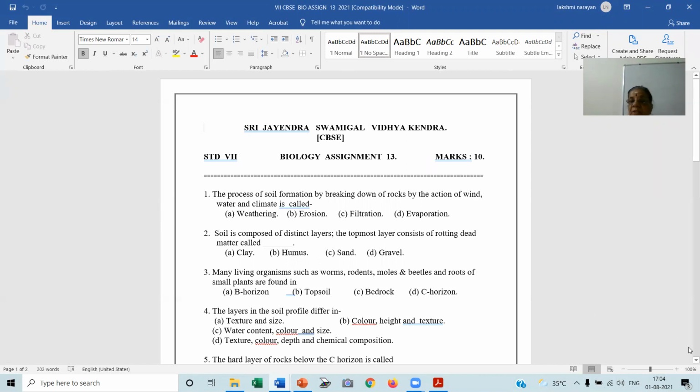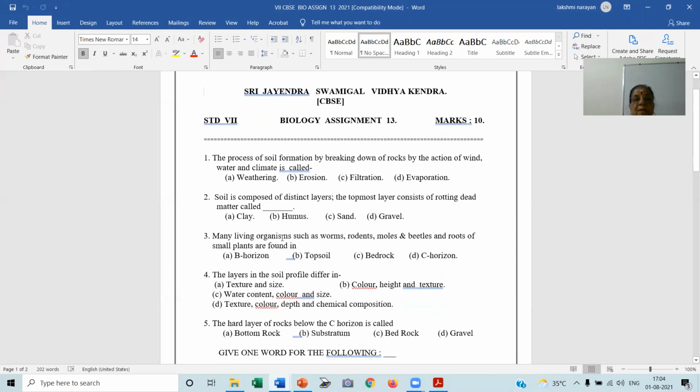Then soil is composed of distinct layers and the topmost layer consists of rotting dead matter that is known as, another. The choices are clay, humus, sand and gravel.